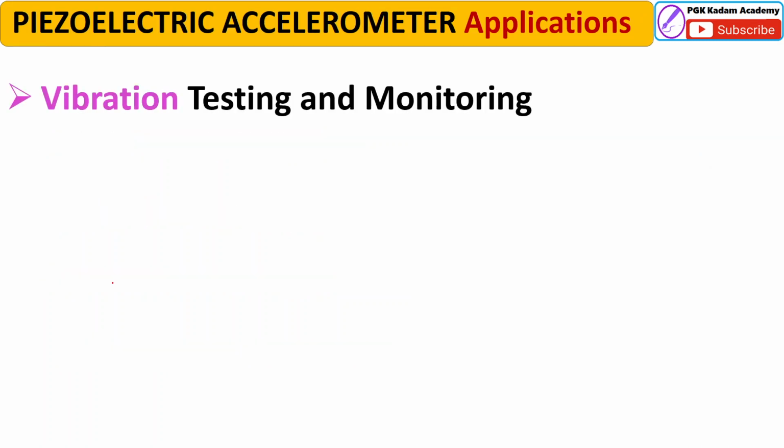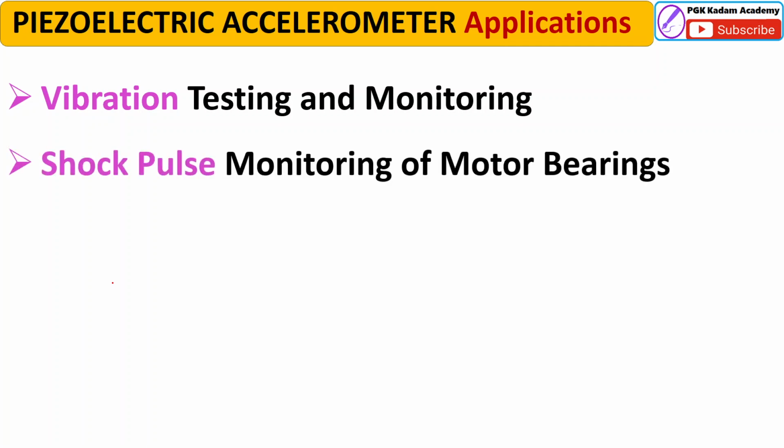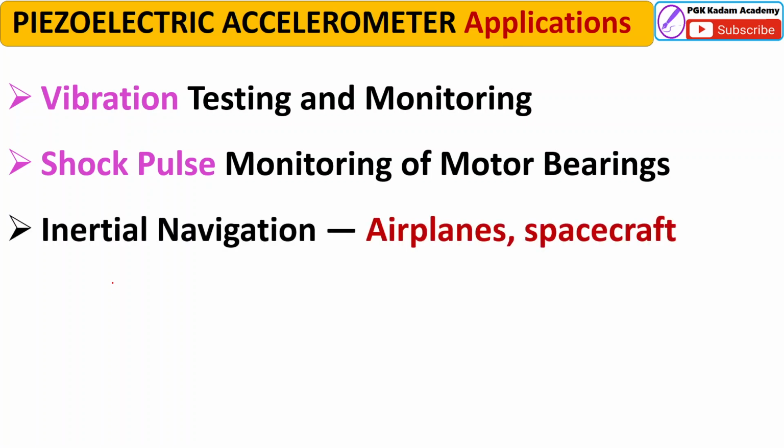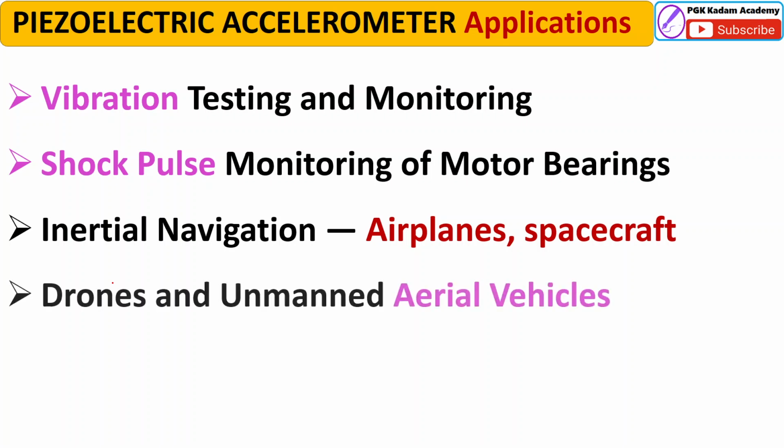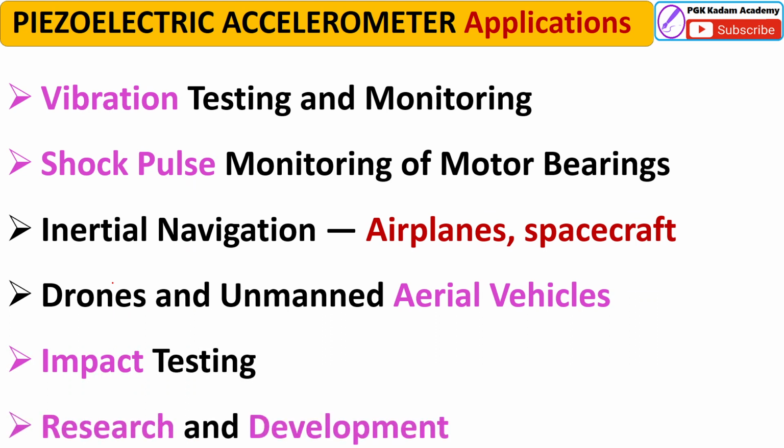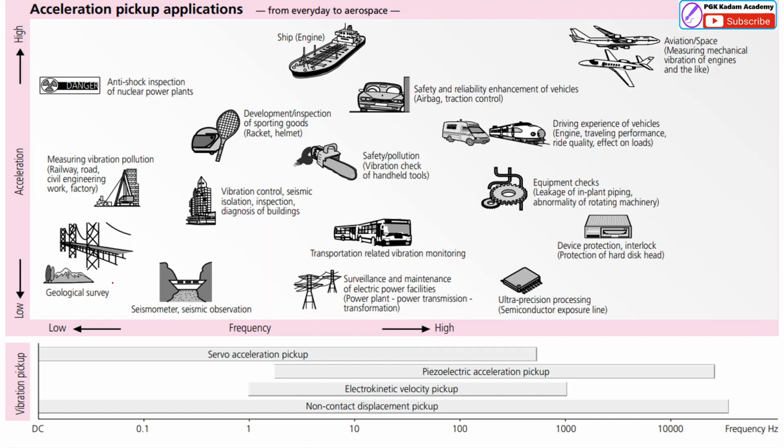In vibration testing and monitoring, other applications you can see are shock pulse monitoring of motor bearings, inertial navigation for airplanes and spacecraft, drones and unmanned air vehicles, impact testing, and research and development. These are a few applications.